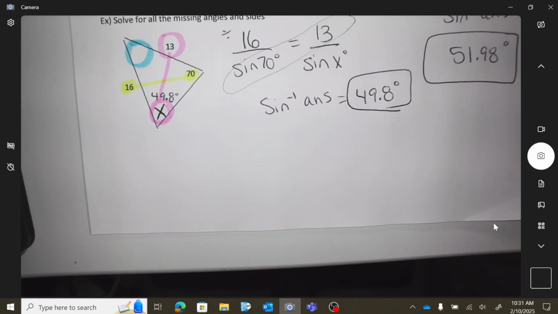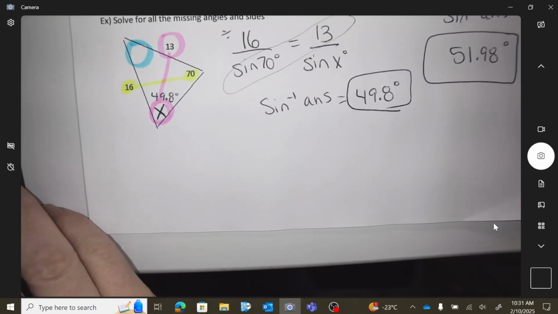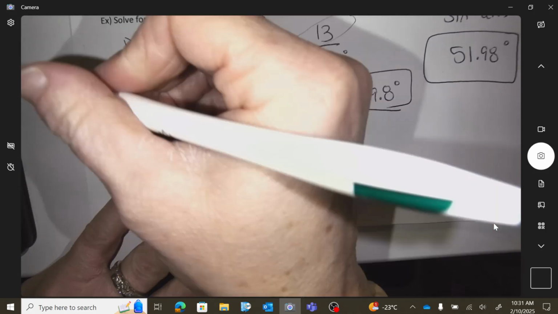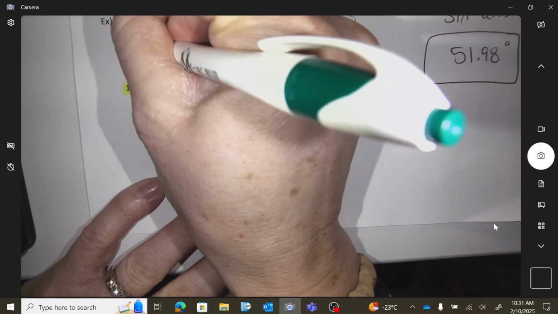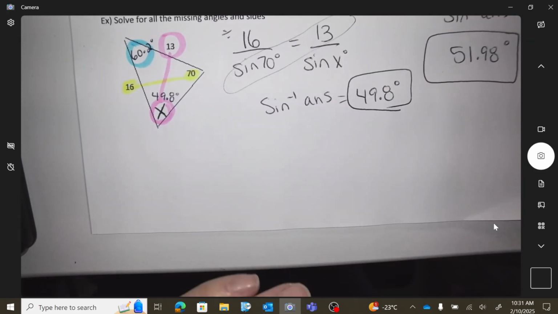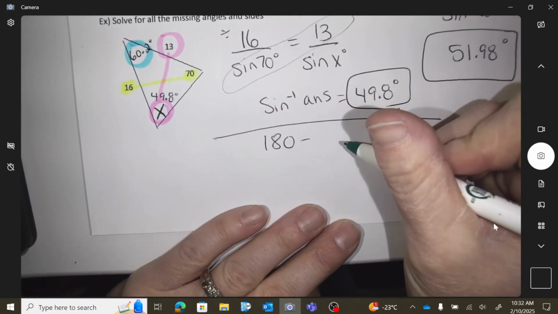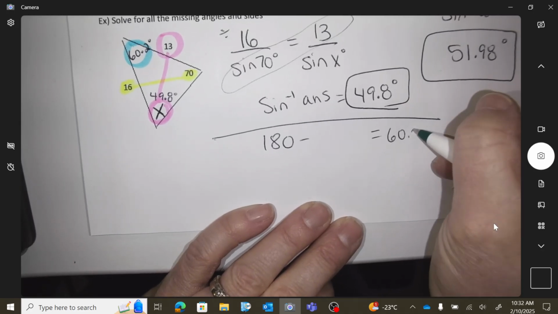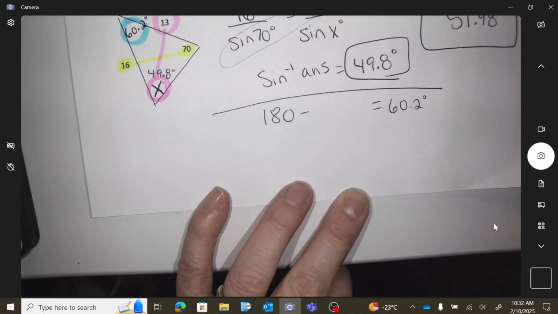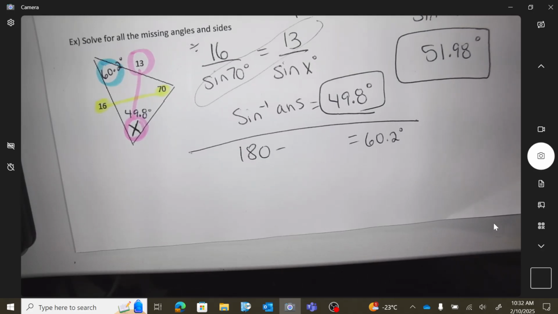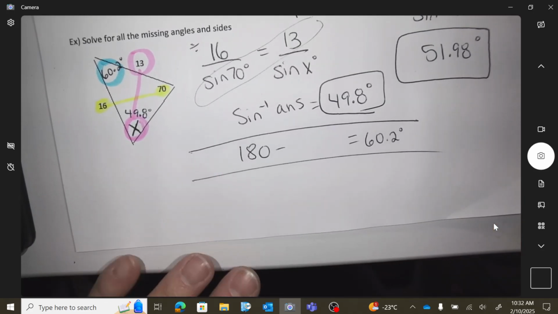Do you see a triangle? So 60.2 degrees. Okay, so that was my next move. I just did 180 and I subtracted the other two corners. I got a third corner.